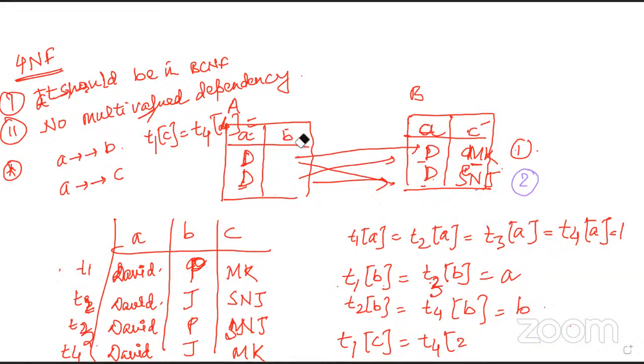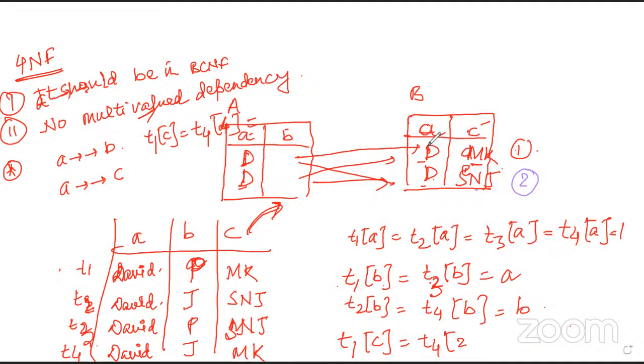What I am trying to do is, if any multi-valued dependency exists, then we need to decompose it into this format, into 4NF. And when we perform the natural join, it should get back to the original data. Yes, right. That is our motive.